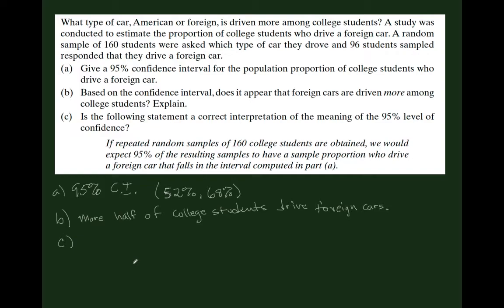And then finally, we're asked, is the following statement correct? If repeated samples of 160 college students are obtained, we would expect 95% of the resulting samples to have a sample proportion who drive a foreign car that falls in the interval computed in part A. That's basically the correct idea.